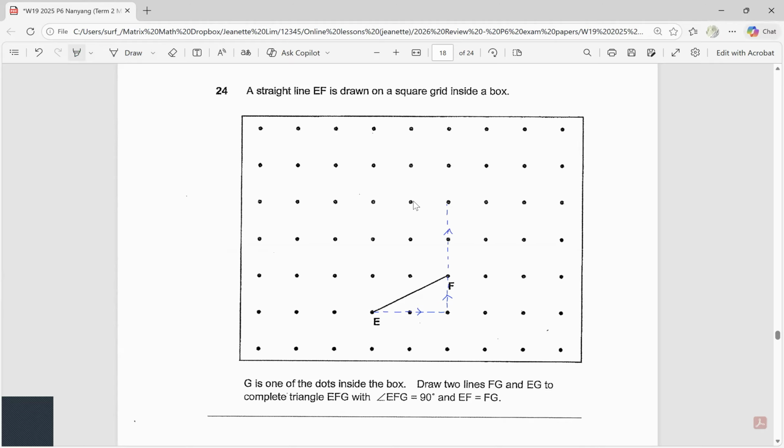Because like this, this line here, this line here, and then here to the left. Okay, I'm highlighting to show you that the direction is the corresponding one.